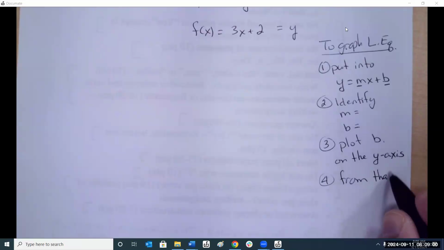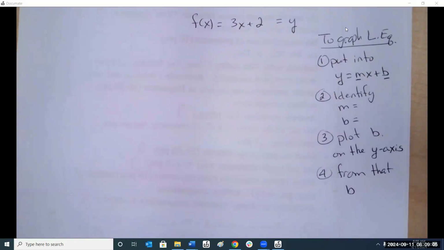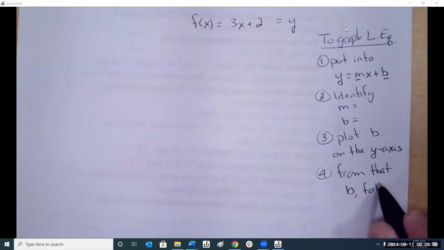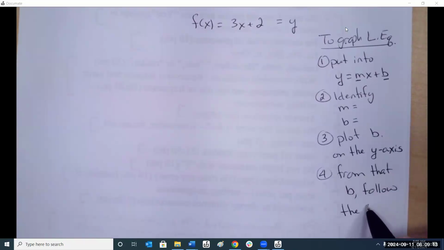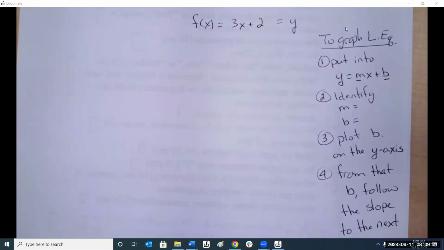From that point, from that b, follow the slope to the next point. That's all there is to it.